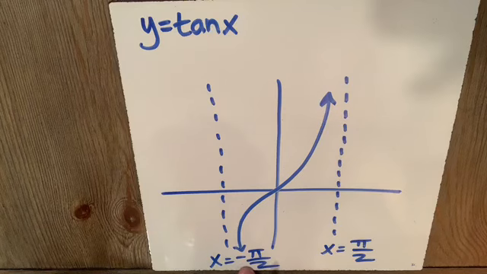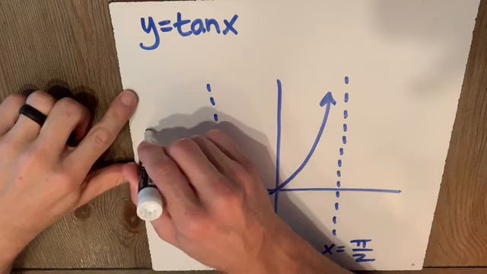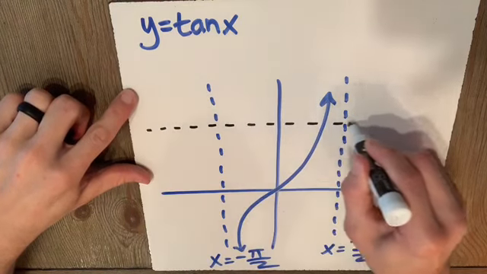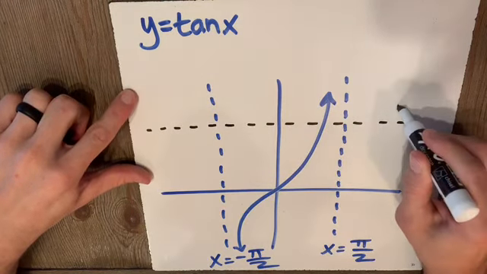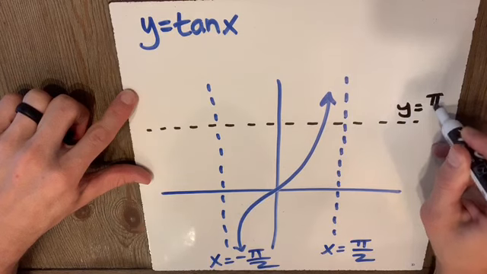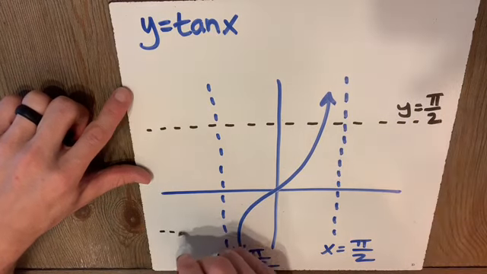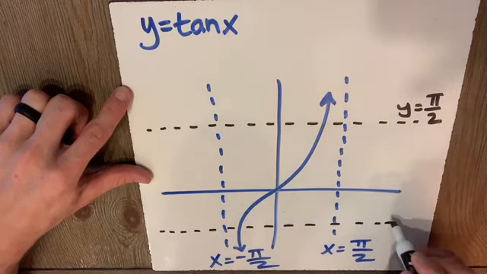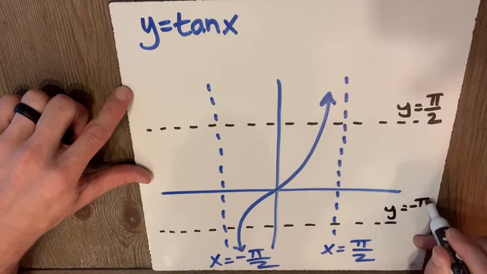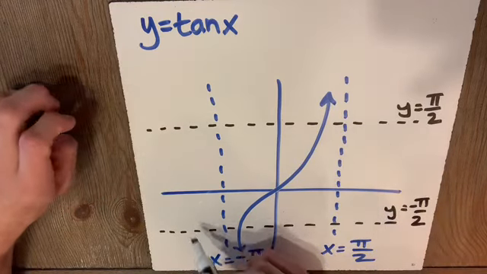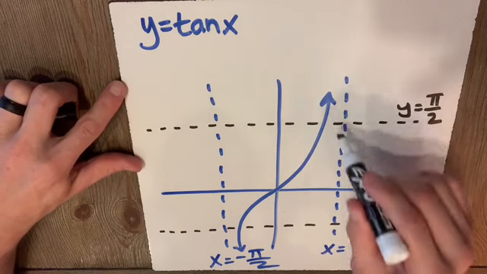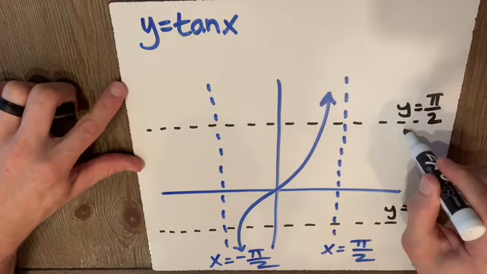Remember, this is about negative 1.57, and this is about 1.57. They become horizontal asymptotes at y equals positive pi over 2 and y equals negative pi over 2. And our curve, when reflected, is going to look like this.